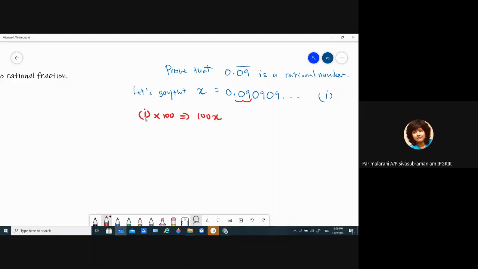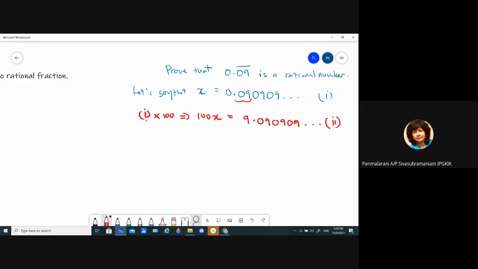When you times, you must times both sides, right and left. So 100x is equal to 9.090909 and so on. So this is our equation 2. Now we have two equations.